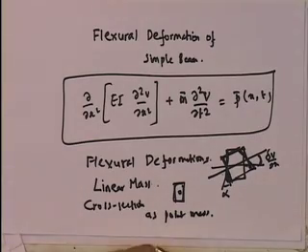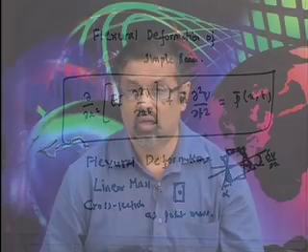Now, by and large, this is okay for normal beams, but suppose we are tackling the flexural deformations of a chimney. A chimney would typically be exceedingly large in dimension, and if it is a very large dimension cross section, then it is very difficult to consider it as a point mass. There is also something called rotatory inertia.